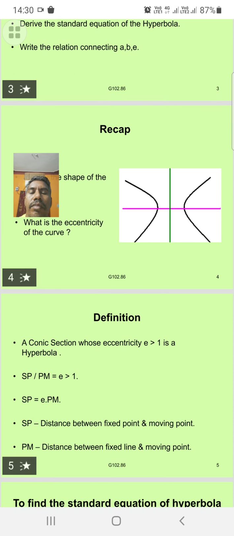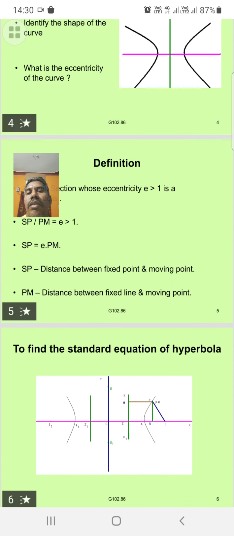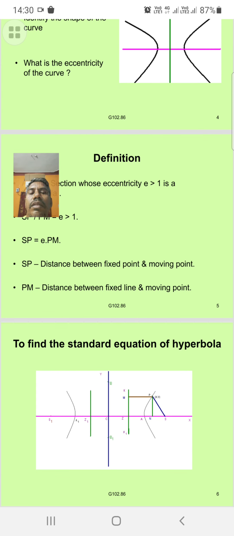According to the definition, we can differentiate them with eccentricity, and coming to conic sections, if we cut the cone vertically, we get a hyperbola.